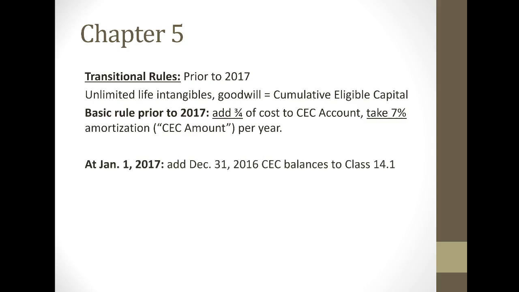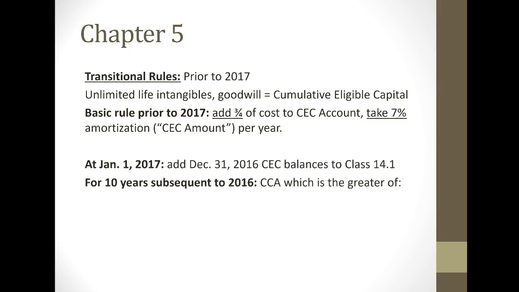When we moved into 2017, businesses that had a CEC balance remaining at the end of 2016 would just transfer those amounts into Class 14.1. With the amount that was transferred over, for the 10 years after 2016, businesses could take CCA equal to the greater of 7% of that pre-2017 amount, just like they did prior to 2017, or $500 per year.